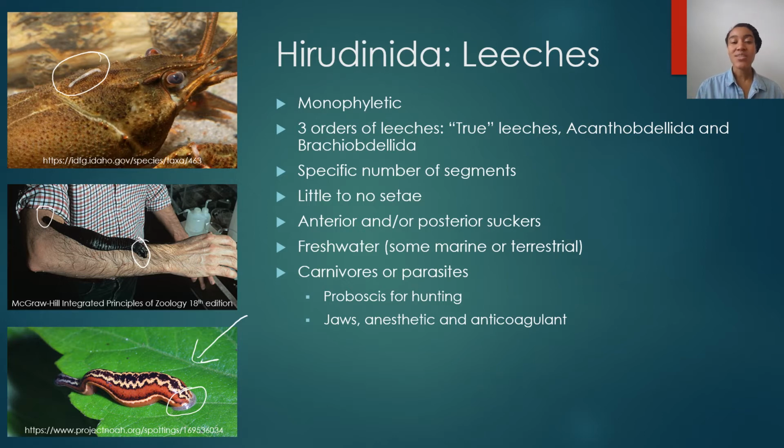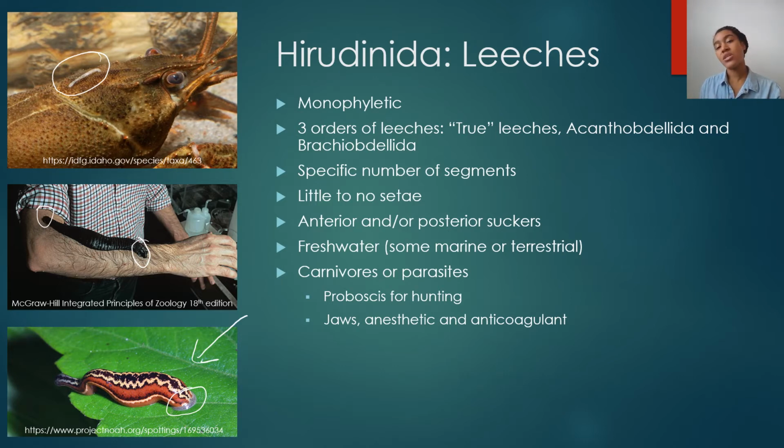They use a proboscis for hunting when they're being active carnivores, active hunters. And when they're being parasitic, they use their jaws to attach themselves to their potential host. Then they use an anesthetic to make sure that their presence goes unknown. Once they attach to you, they release the anesthetic so you don't really know that you're being fed on.